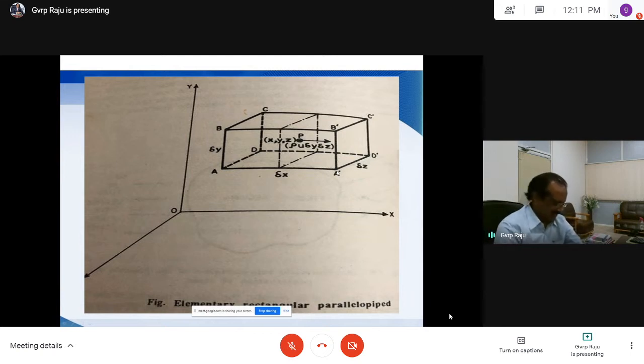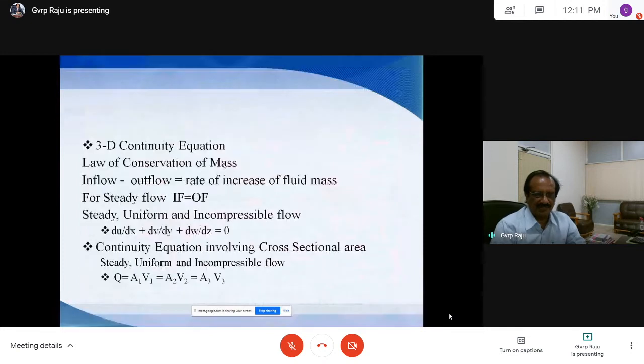Based on that, we derive the expression for the three-dimensional continuity equation. The assumptions are: the flow is steady, meaning no property changes with time; the fluid is uniform; and the fluid is incompressible. Incompressible means mass density, mass per volume, is constant.